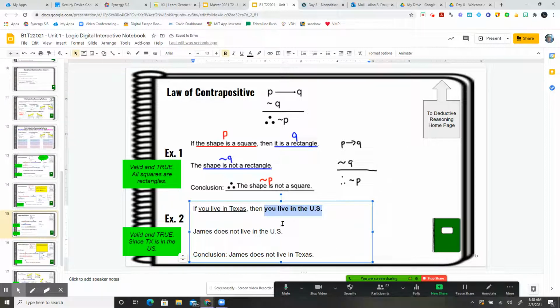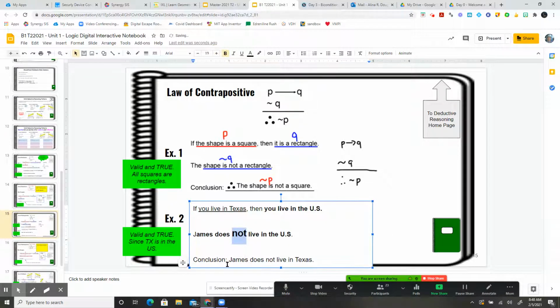So I take this conclusion and make it negative. James does not live in the United States. That not is the most important part, right? Then the conclusion is James does not live in Texas. And that not is the most important part.